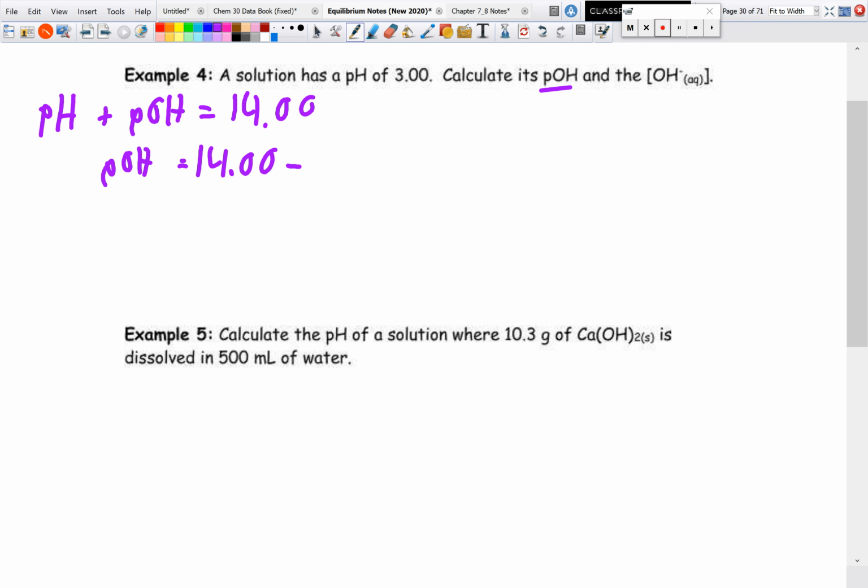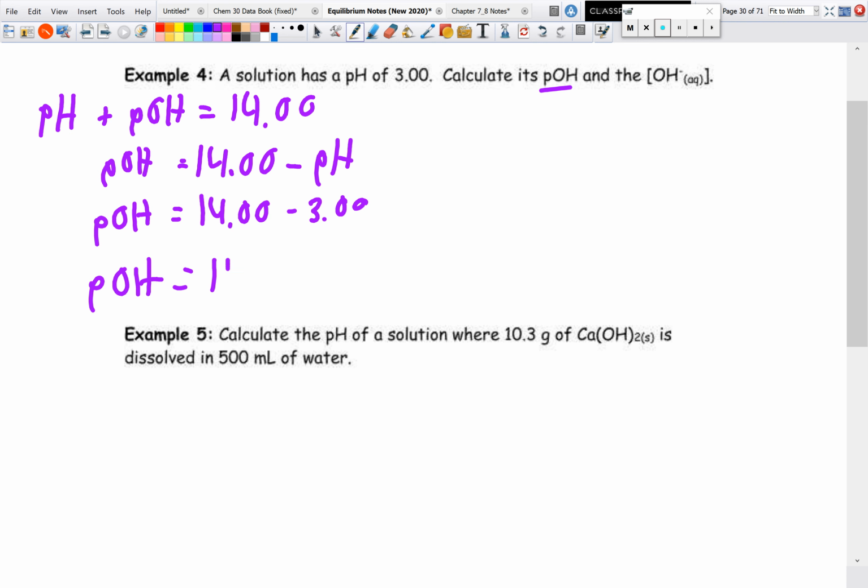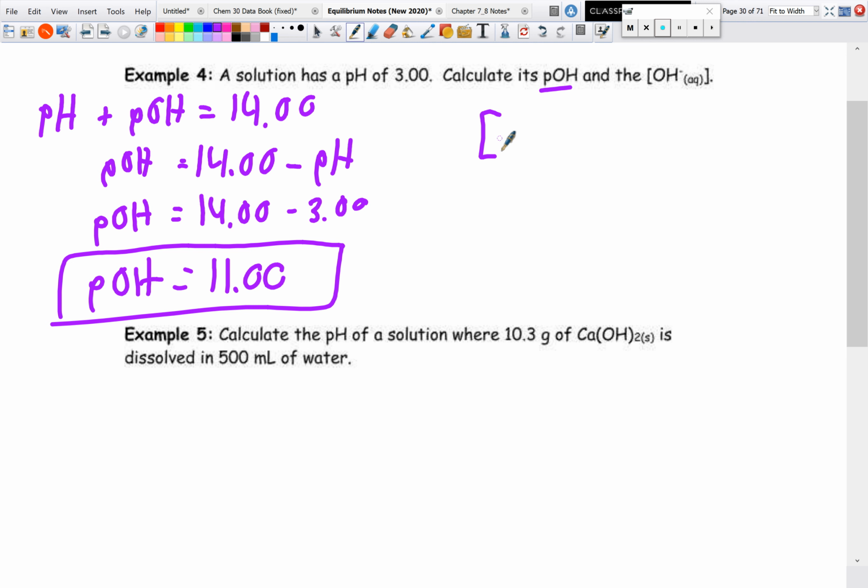pOH is 14.00 minus 3.00, and we have a pOH of 11.00. So that is finding the pOH. Now, looking back at your formulas for hydroxide, the concentration of hydroxide is 10 to the negative pOH.